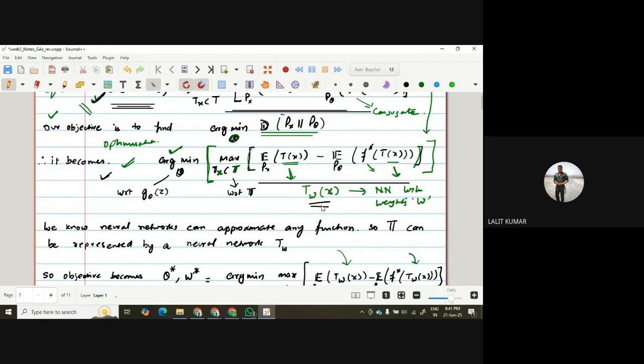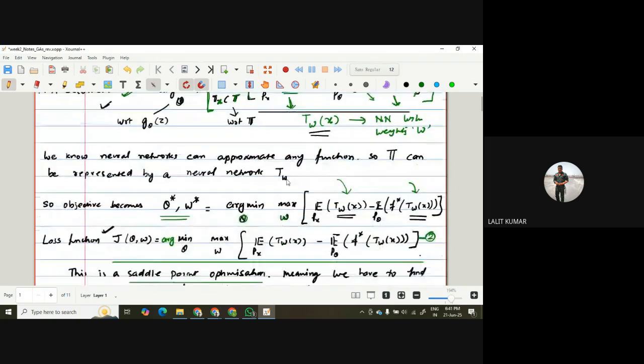And then we said that T_W(x) we broke down into two parts, one V_W(x) and another sigma_f(x), where sigma_f is an f-divergence specific activation function. V_W(x) is a neural network with the output layer as a linear layer, which gives output as a real number.